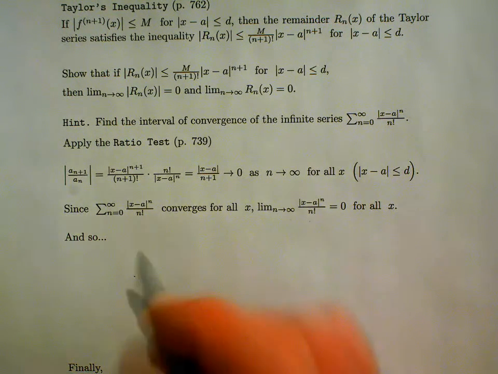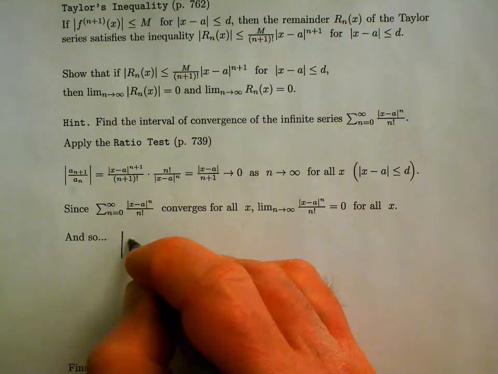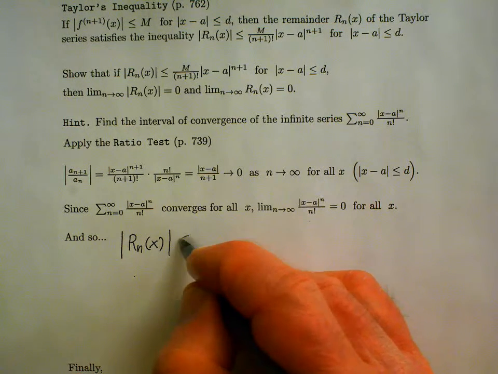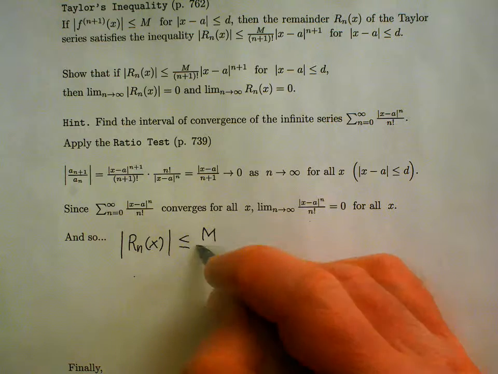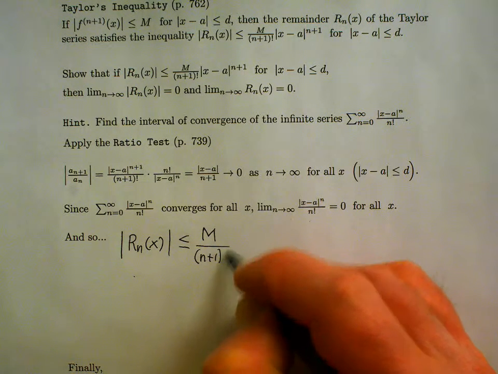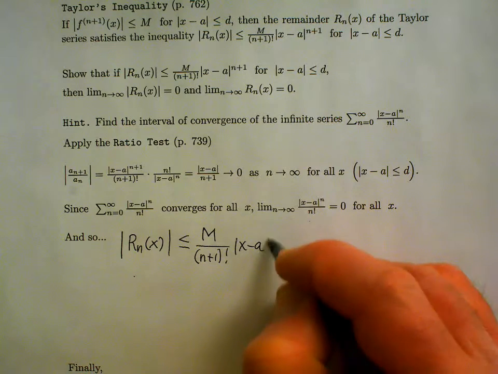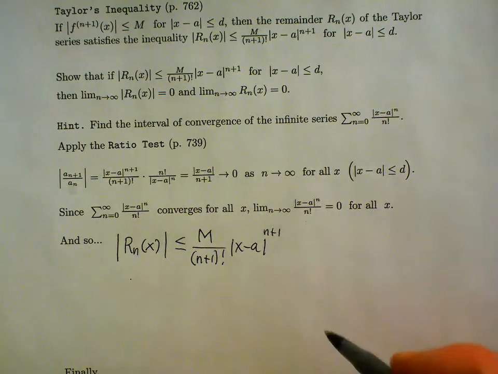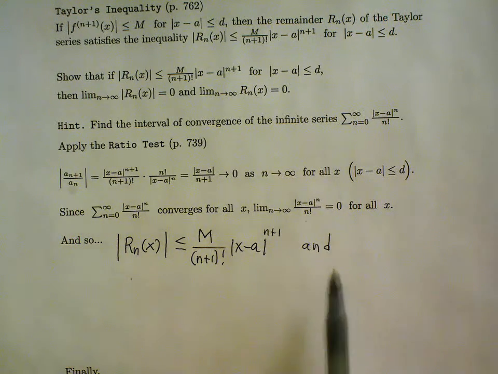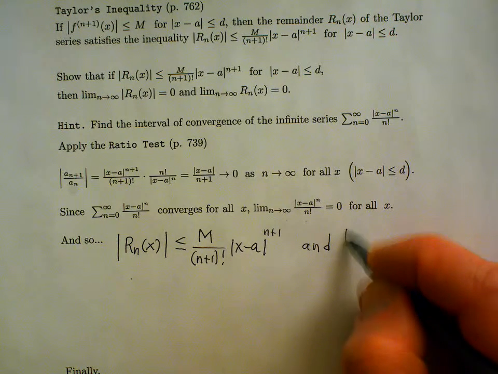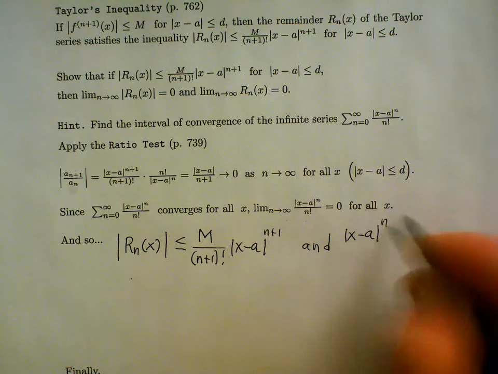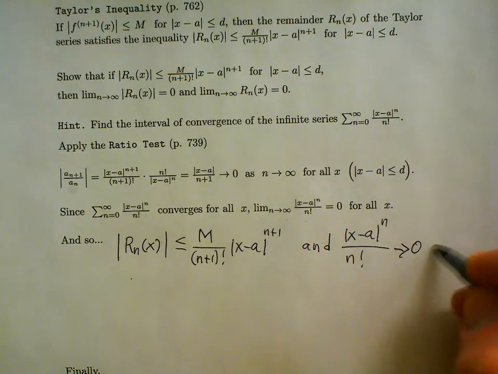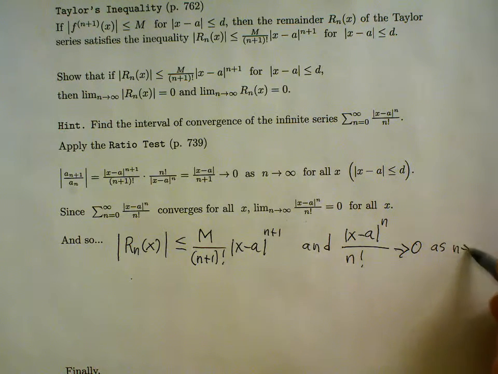Okay, so if we have the absolute value of r sub n of x less than or equal to M over n plus 1 factorial times the absolute value of x minus a to the n plus 1, and the absolute value of x minus a to the n over n factorial goes to 0 as n goes to infinity.